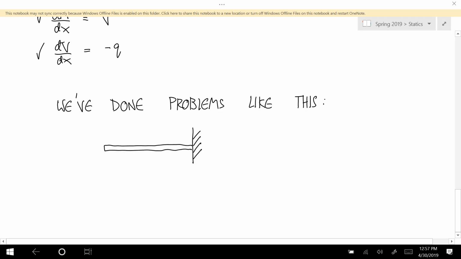That's what you like to see because it lets you skip calculating the external loads. And then you have a triangular distributed load like this. That's a pretty simple problem. That's not too hard. So how hard could this be?